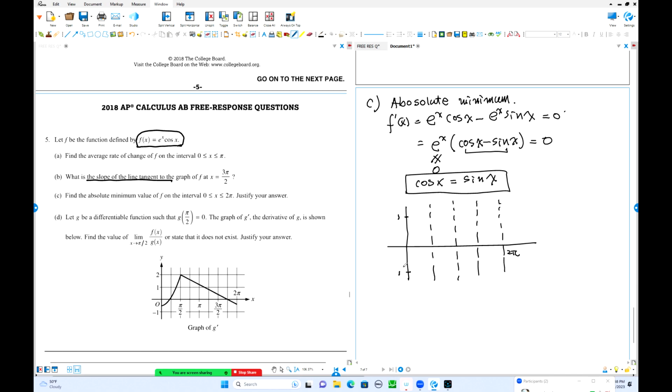Now take the graph of y equals sine x: the maximum is 1, the minimum is negative 1, and it starts in the middle. The graph of cosine starts from here.